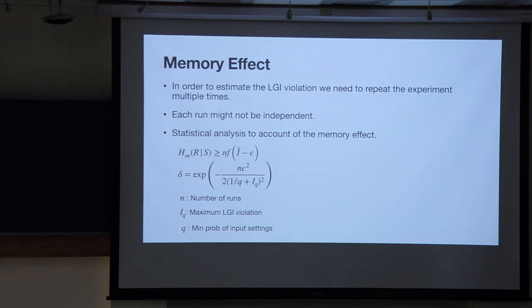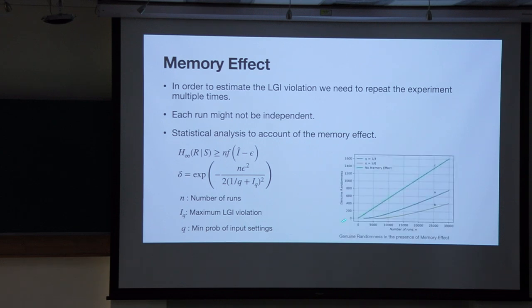And we also curated our results to take into account the memory effect. So what is a memory effect? In order to do this type of experiment, you have to do it multiple times, and there might be scenarios where the system is influenced by some earlier measurements. So we use statistical analysis and the properties of martingales to find this epsilon correction, and this epsilon is given by this, where n is the number of runs, IQ is the maximum LGI variation, and Q is the probability with which you choose the measurements.